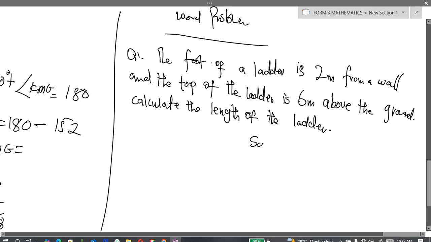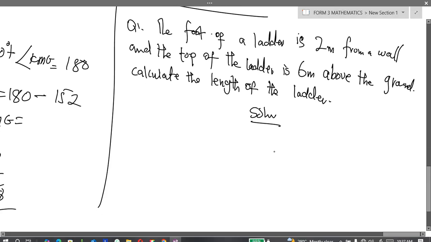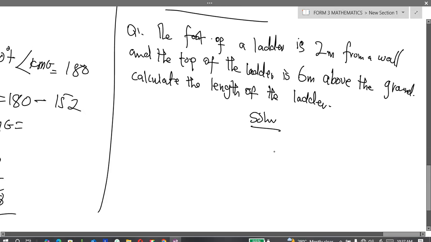Okay, so solution. First of all, in order for you to get understanding, you have to do a diagrammatic representation of your work so that it gives you clarity. It opens your mind, it opens your eyes. So we will draw our wall. This is our wall.